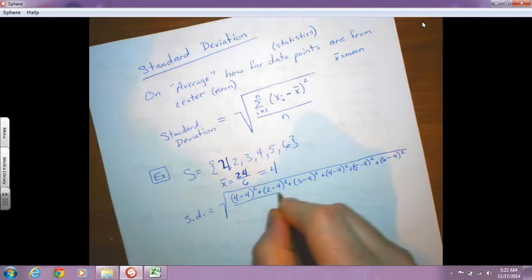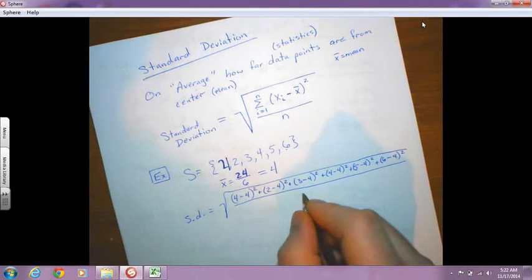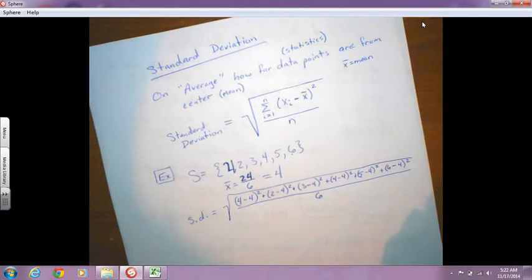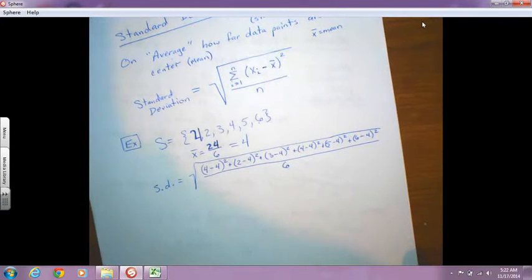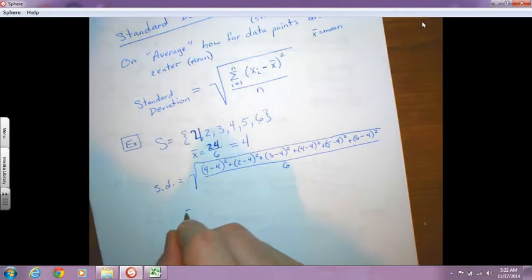And then we're going to divide all that by 6 because there were 6 values. And again, you can see why with a small data set, it looks like it's a lot of math. With a large data set, we wouldn't choose to do this by hand.